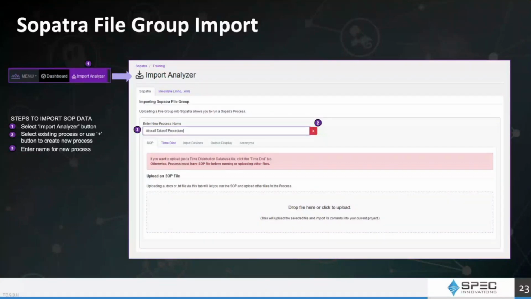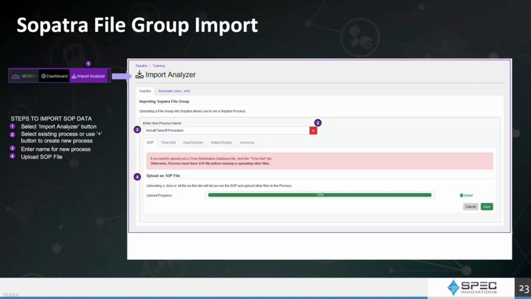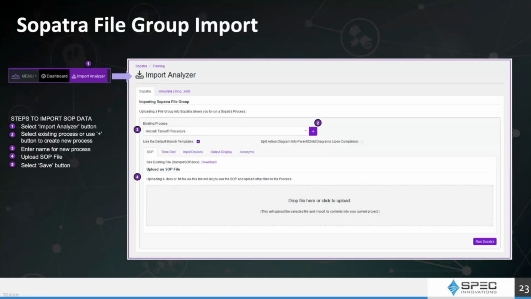If you bring in new SOPs, you wouldn't have to do those. It can reuse that information. So then upload the SOP file by dropping it in, and of course you get the normal thing for InnoSlate. You'll see the save button, hit save, and then go through and do the other ones.